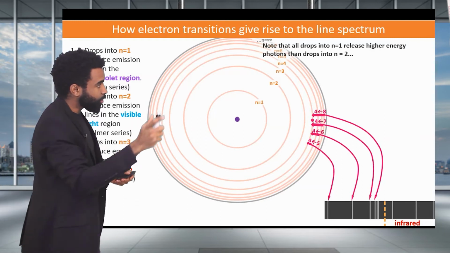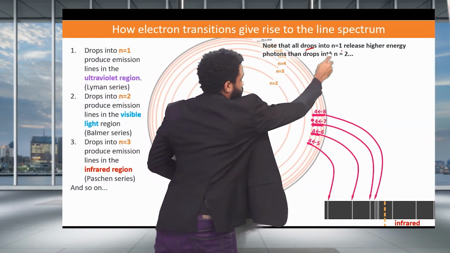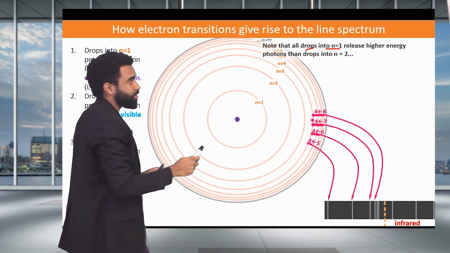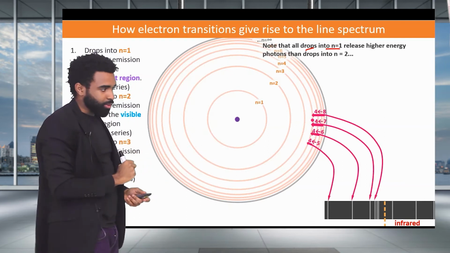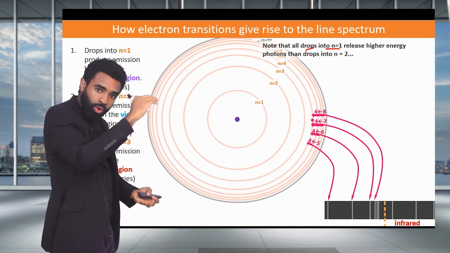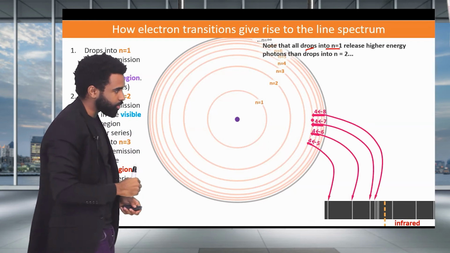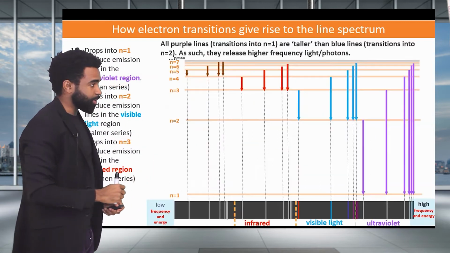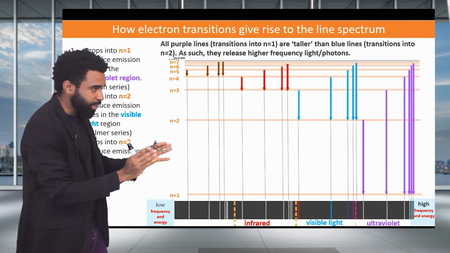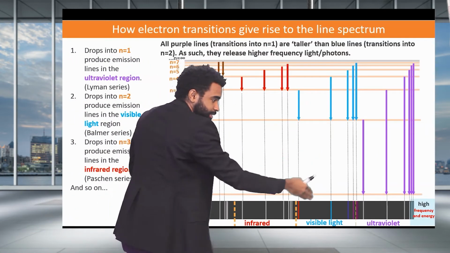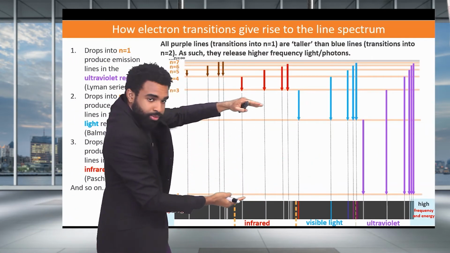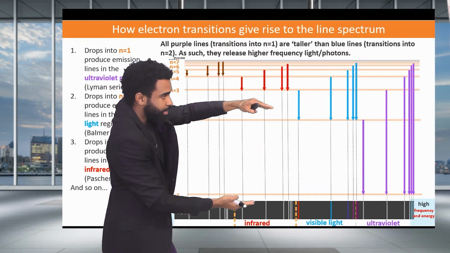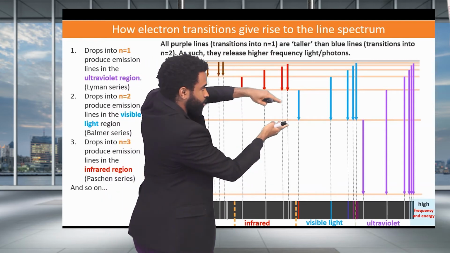Okay, an important thing is that the drops into n equals 1 release higher energy than all of the drops into n equals 2. So all drops into 1 are higher energy than all drops into 2. Let me show you what I'm talking about with this next picture. So as you can see, it's pretty clear that all the purple lines are higher energy drops or longer drops than all the blue lines, which are longer drops than all the red lines.